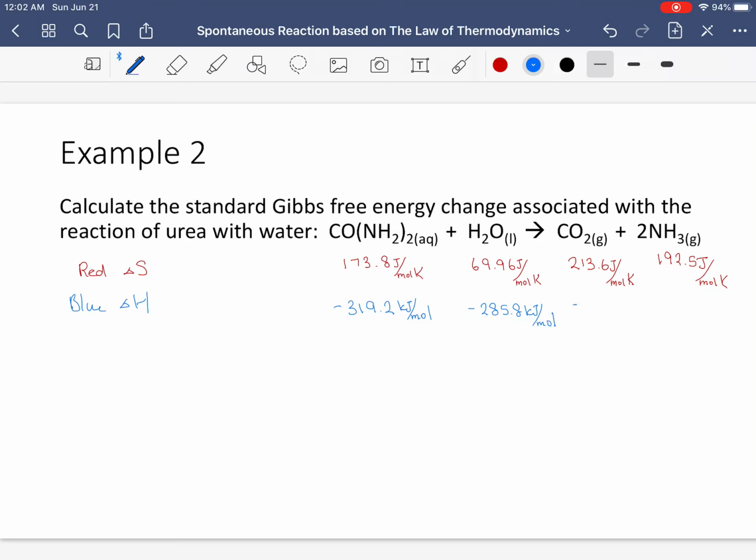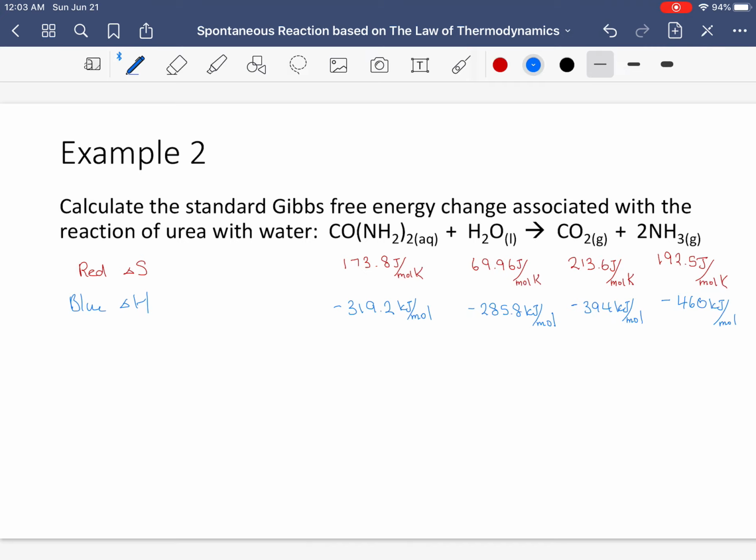Carbon dioxide. These numbers you should be very familiar with because we always do combustion reactions when we're doing thermodynamics. And ammonia is negative 460. I hope I'm right. But again, you can easily find these numbers on the internet. Just type in delta H for urea. It'll spit out 319.2. All right.